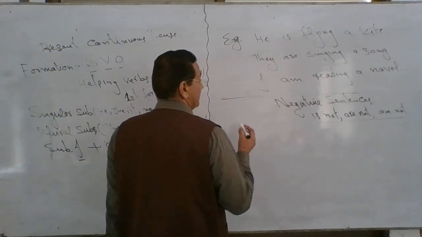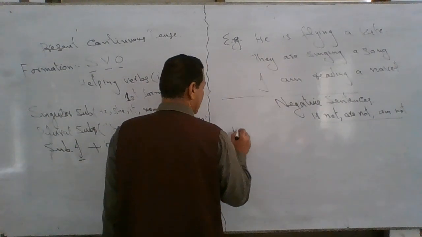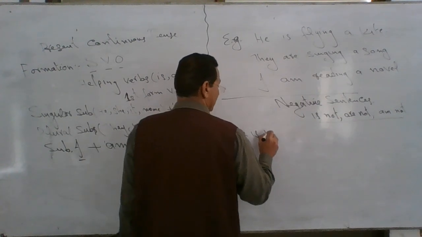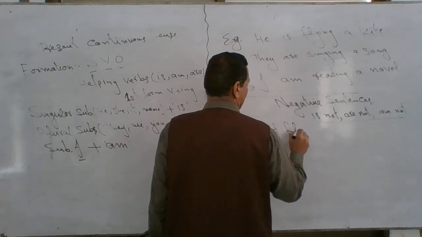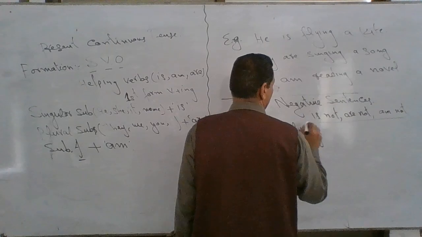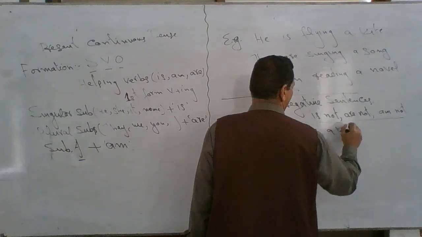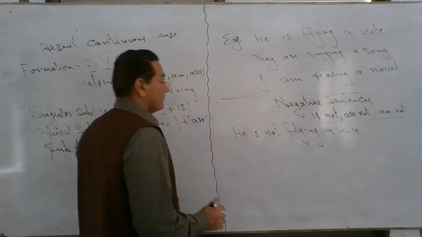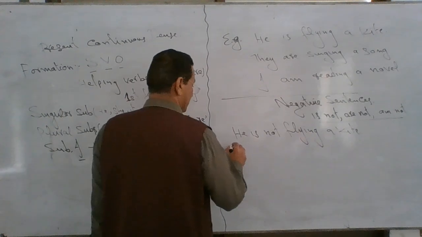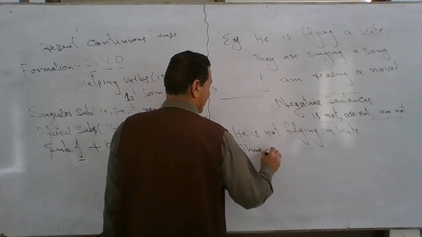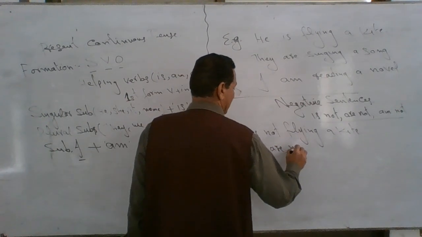For example, the same sentence if we write, he is not, she is not, so these are negative sentences. They are not.